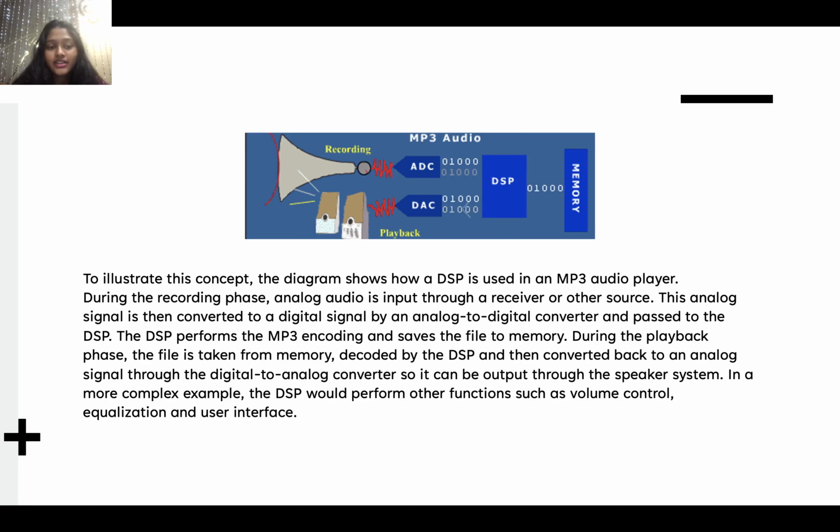During the playback phase, the file is taken from the memory, decoded by the DSP, and then converted back to an analog signal through a DAC, so it can be output through the speaker system. In a more complex example, the DSP would perform other functions such as volume control, equalization, and user interface.